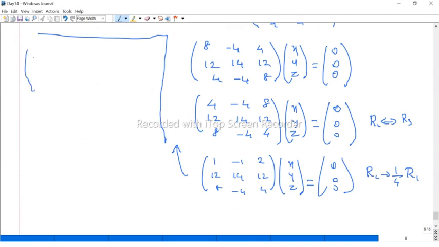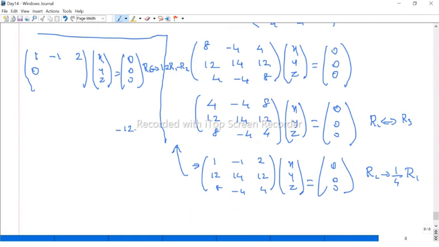So you keep the first row 1, minus 1, 2, into x, y, z, with right hand side 0, 0, 0. Now the second row I replace by multiplying the first row by 12 and subtracting the second row. So 1 into 12 is 12, 12 minus 12 is 0. Then minus 12 and we subtract 14, therefore minus 26.